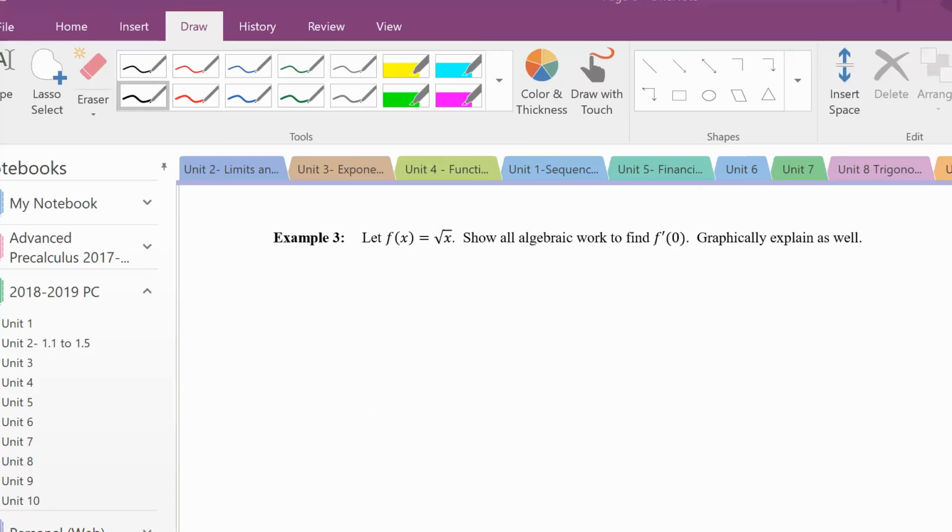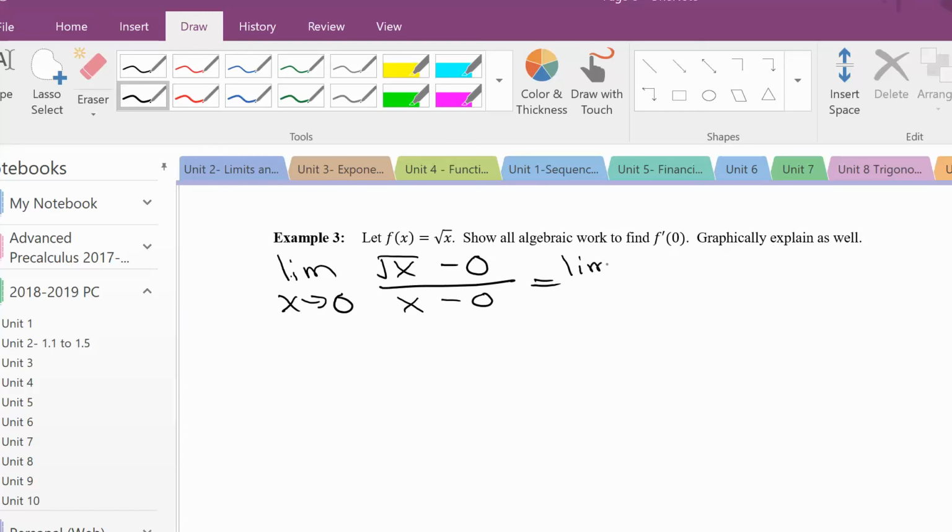All right, example 3. If you have the square root function, notice here the limit as x approaches 0. To find f prime of 0, we'll use the alternative form of the derivative. So it's equal to f of x minus f of 0, which in this case is 0, over x minus 0.